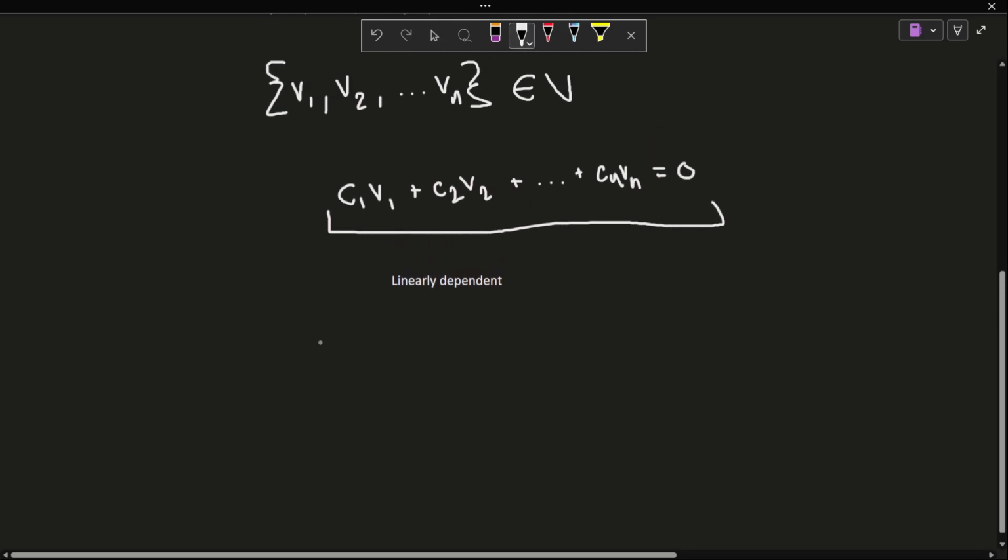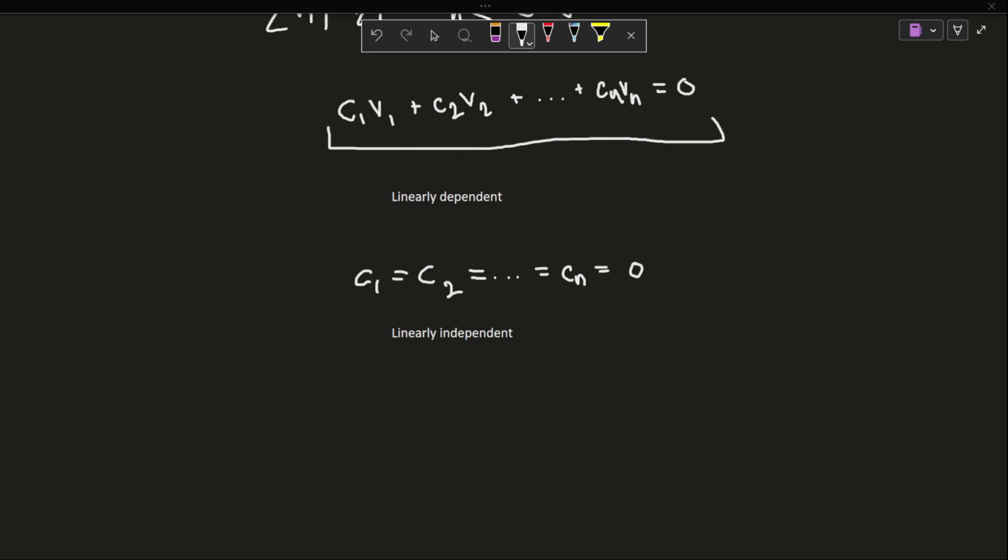But let's say that c1 equals c2, which equals all the coefficients in between, which equals cn, which comes out to be 0. If they all equal 0, which means we only have the trivial solution, this means that they are linearly independent vectors.